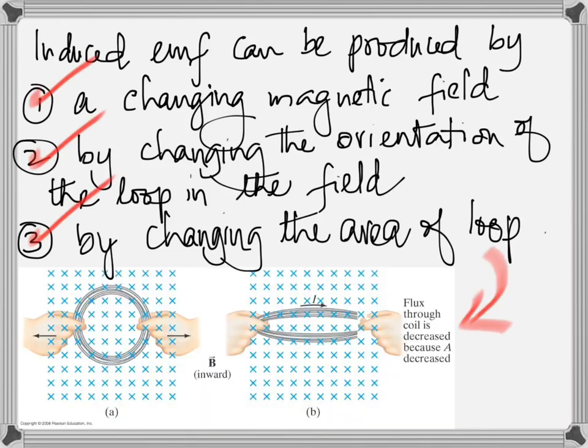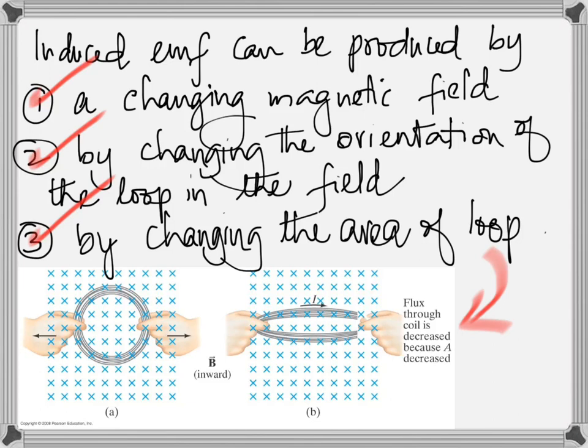All right, look at this diagram. This is number three, because we talked about 1 and 2 before. What do the crosses show? What kind of magnetic field is this? Into the paper. That's a magnetic field into the paper, and you have a flexible loop there with a particular area, and you just stretch it.